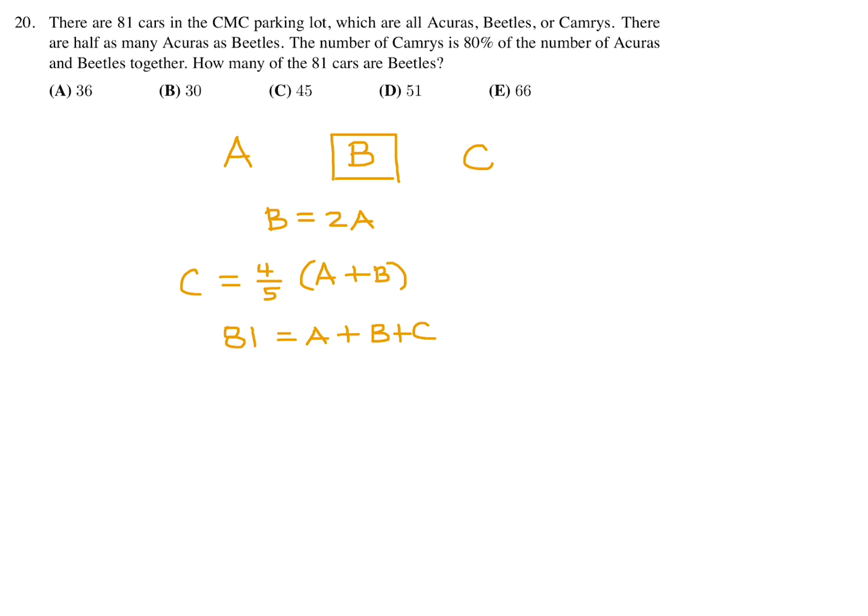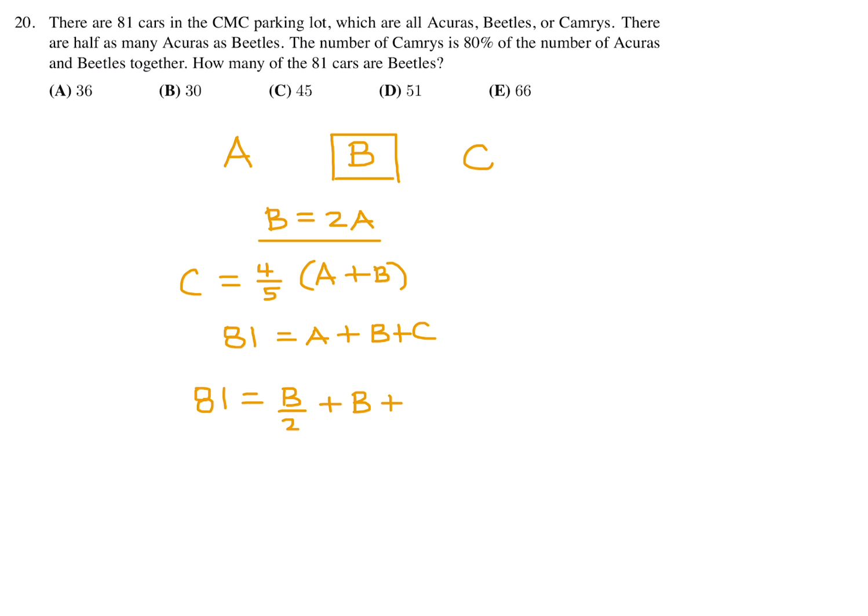Okay, let's move forward with this. Let's see, where do you want to start here? Many ways of doing this. Okay, the first thing is I'm just going to substitute everything in terms of B. So this equation 81, instead of A, I'll put B over 2, because that is what A is equal to.